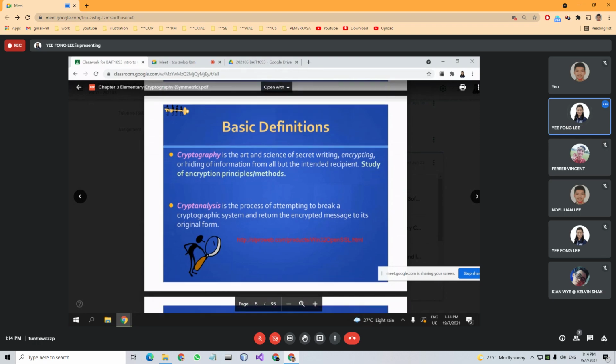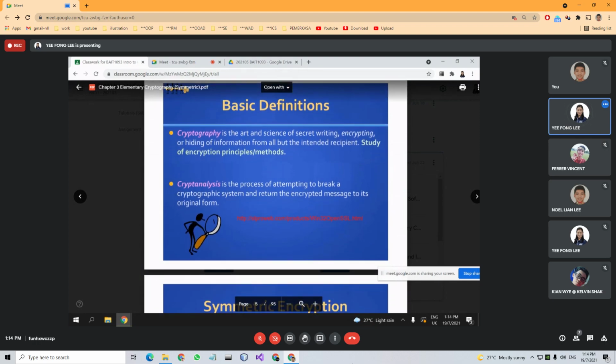Now look at the slide here. Even though I just explained, sometimes we have to visualize and look at the text, then you will understand more. Cryptography is the art and science of secret writing or hiding information.